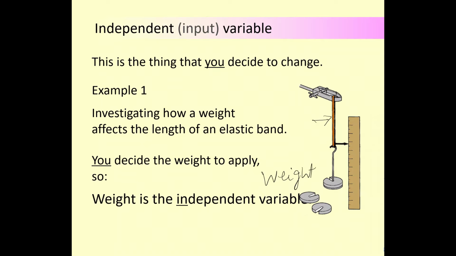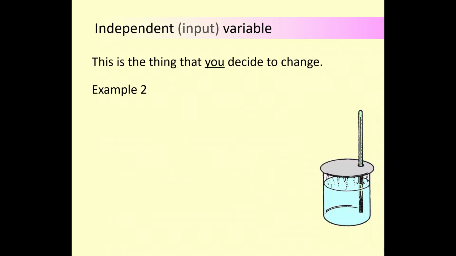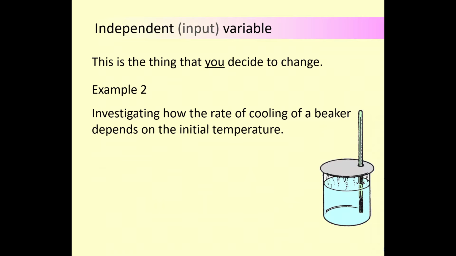Let's see another example. In this diagram, you see a beaker and a thermometer is dipped into the water. And initially, you set the temperature at certain degree, which is called initial temperature.